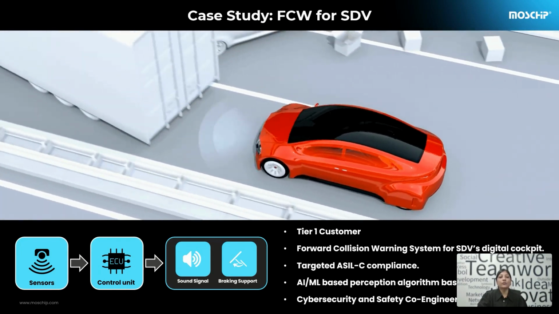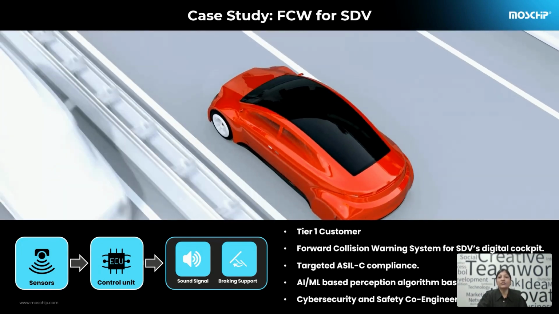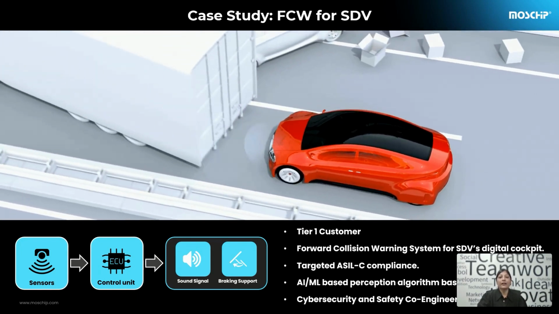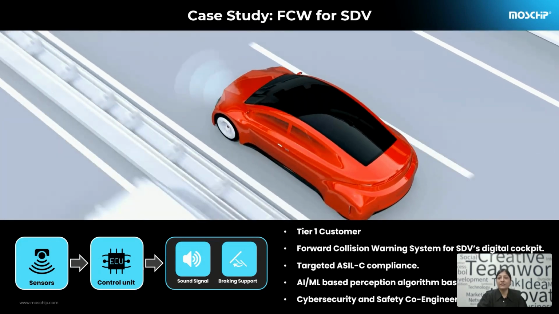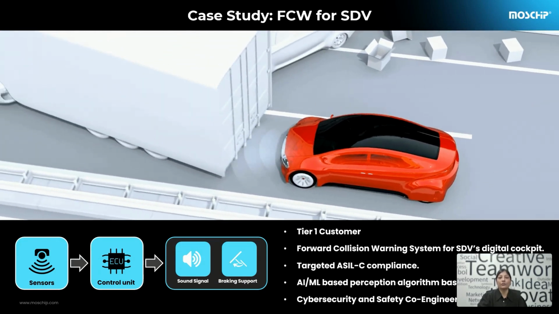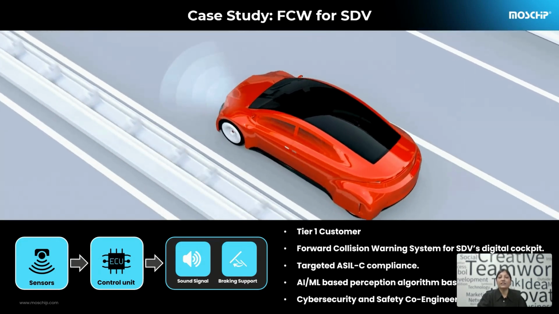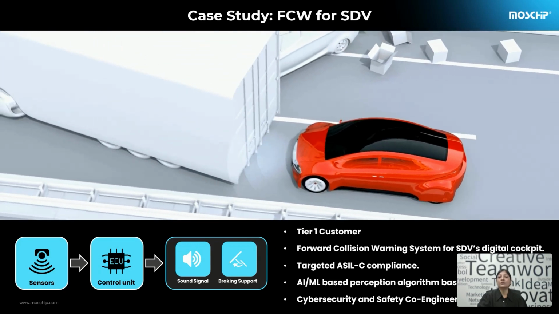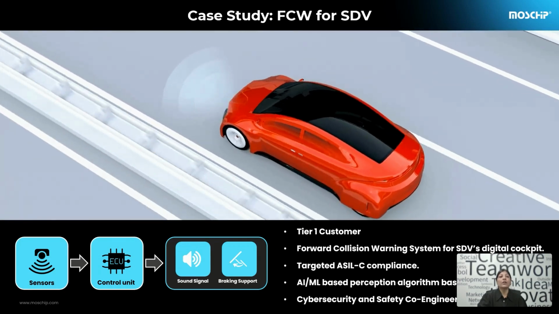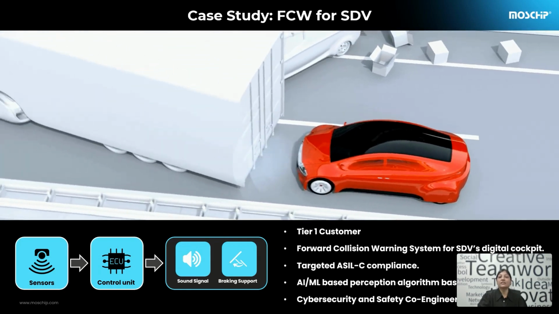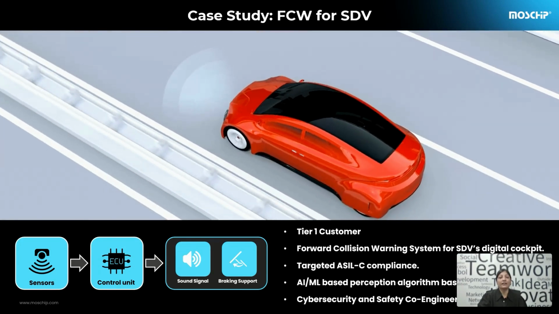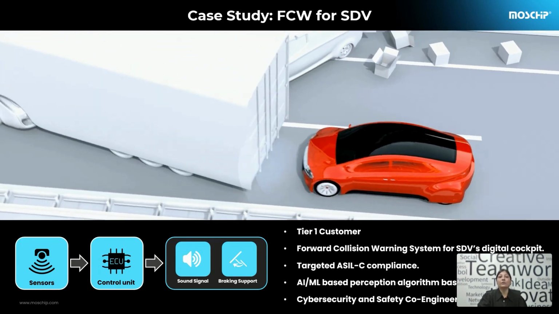This project was for a Taiwan client. Here, our Moschip team was closely engaged in implementing functional safety, designing and developing software modules, and integrating artificial intelligence and machine learning algorithms for an ADAS controller. The Moschip team architected this system with camera, LiDAR, and radar sensor data for environment perception.